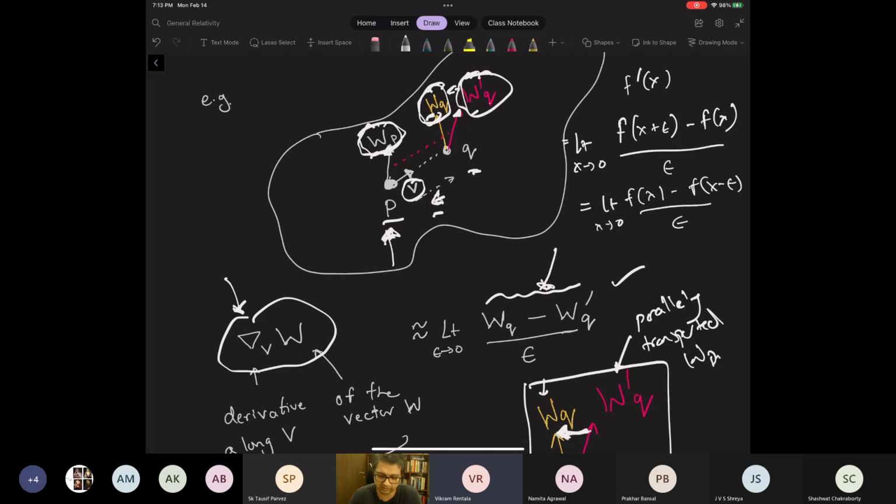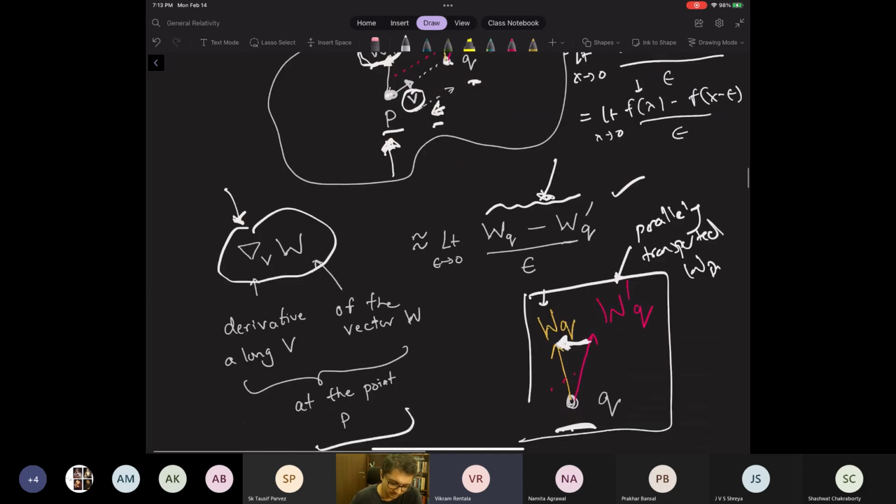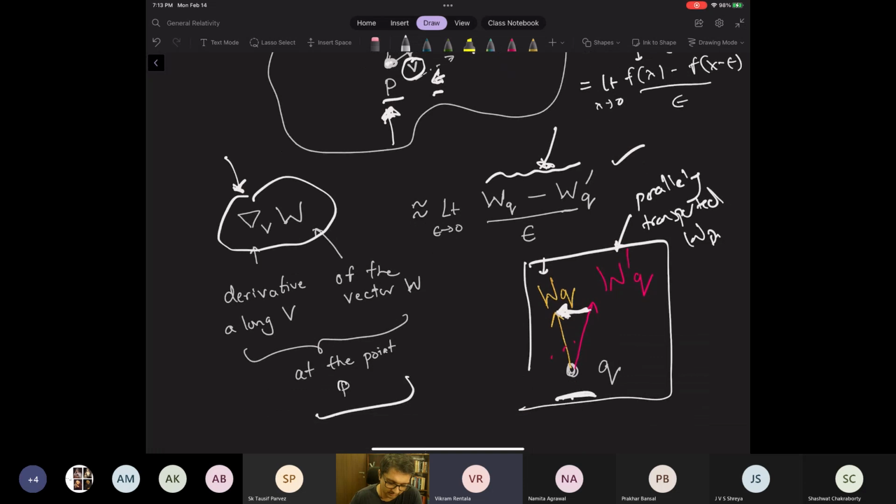This is like evaluating something at x plus epsilon, this is like evaluating something at x. At the end, once you calculate this difference, I could have called this the derivative at the point Q rather than at the point P.